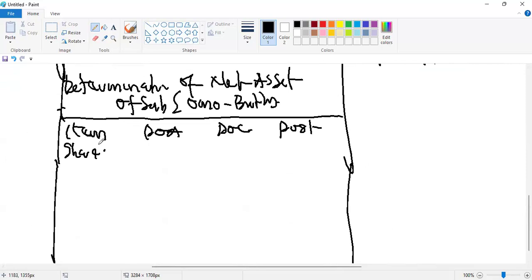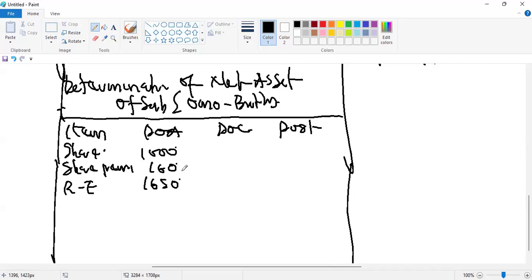I'll go and pick the shares, 1,000. Does he have share premium? Yes, share premium 160. Retained earnings at the date of acquisition, 1,650. Good, based on the question.